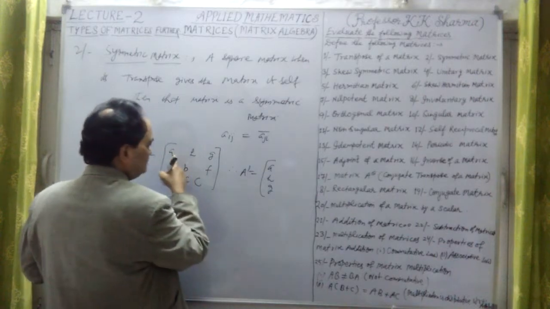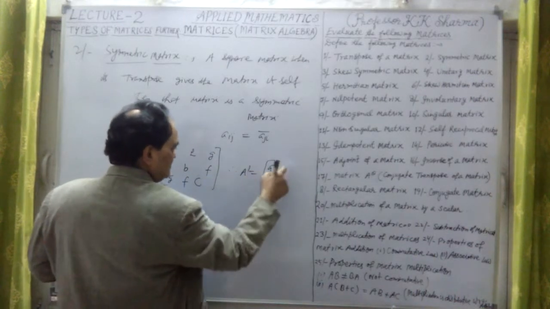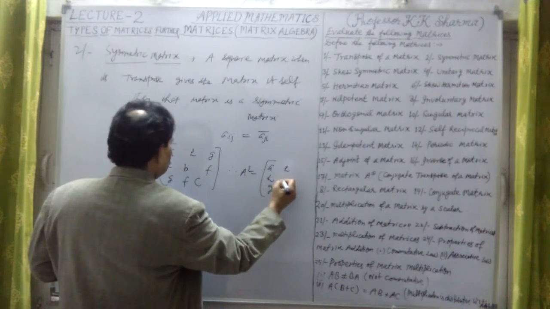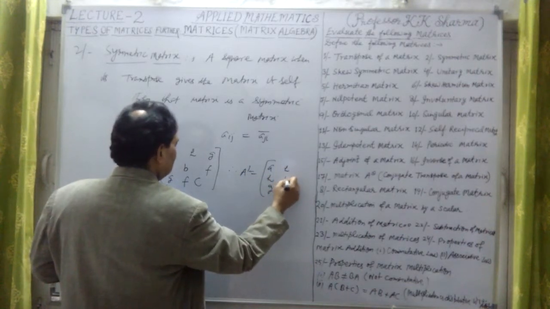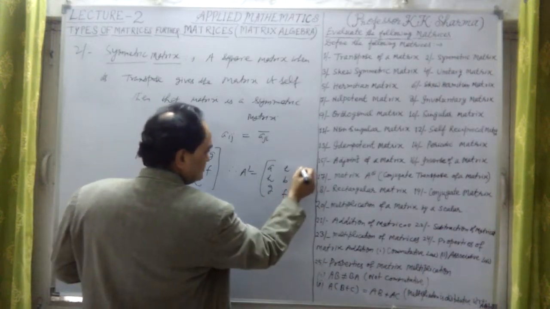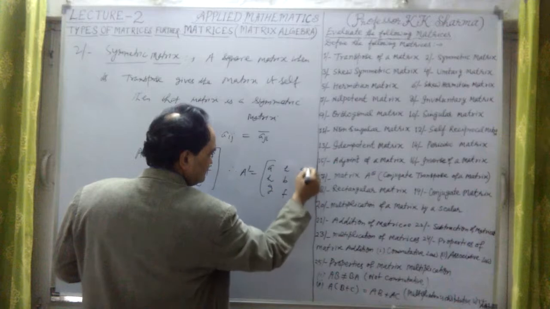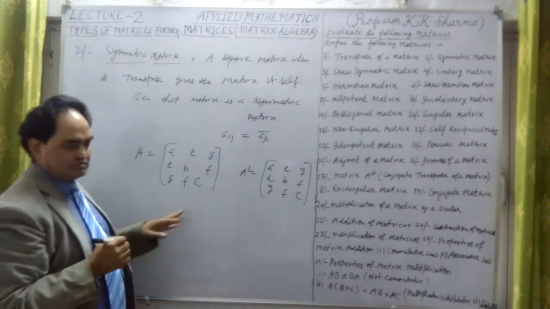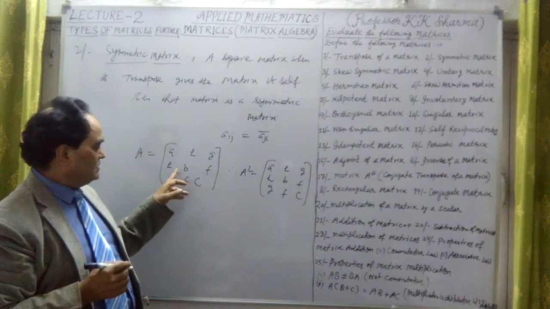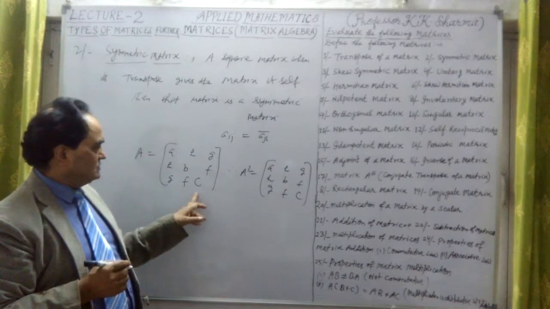Taking the transpose, the rows become columns, so the first row is A, H, G, then the second column gives H, B, F, and G, F, C.